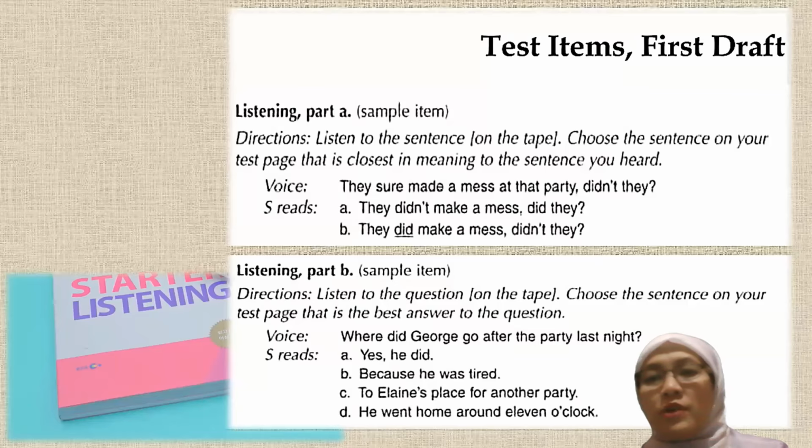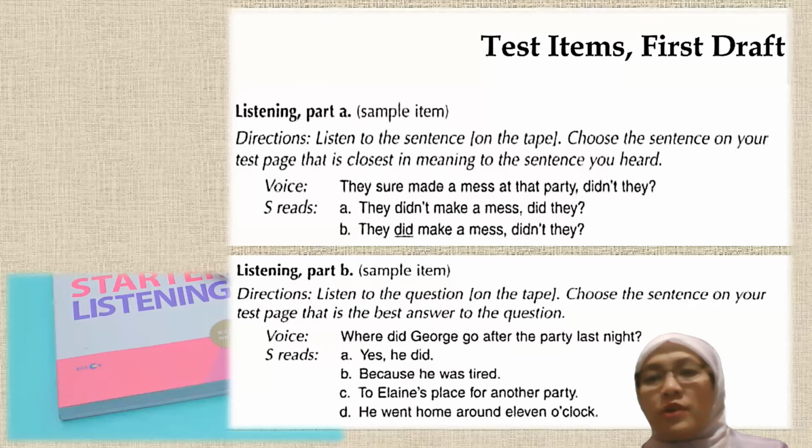Here, the example of listening part. Okay, so you have to prepare the directions. Listen to the sentence on the tape. Choose the sentence on your test page that is closest in the meaning to the sentence you heard.